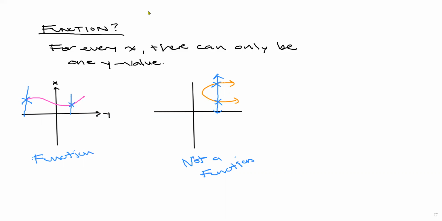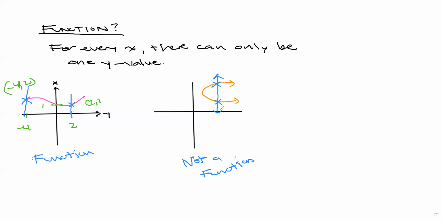So for example, if say this was 2 and this was say 1, all right, so the value here is 2, 1, okay? Let's say on this one, this was say -4, and this one was say 2. All right, so -4, 2. So for every x, there can only be one y value.